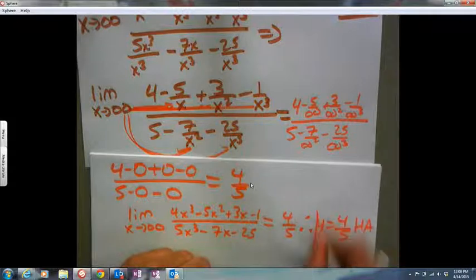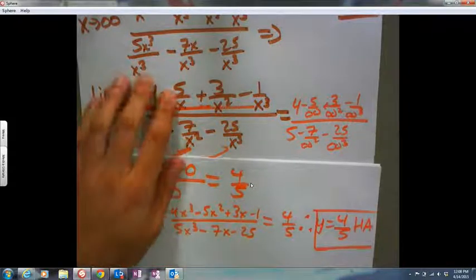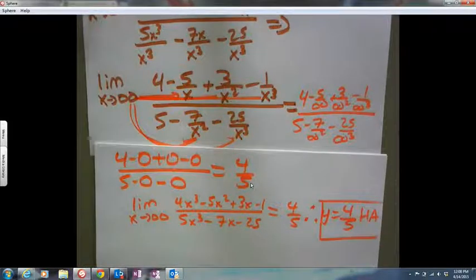Let me take some questions on this. Again, if you're done, you got it, go ahead and proceed to number 3 right below it. If you have questions, let me know how I can be helpful.